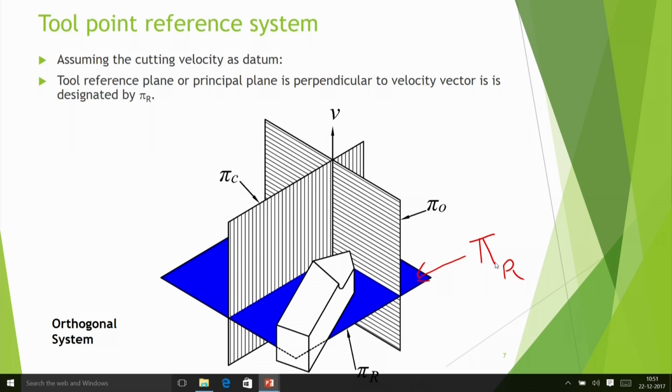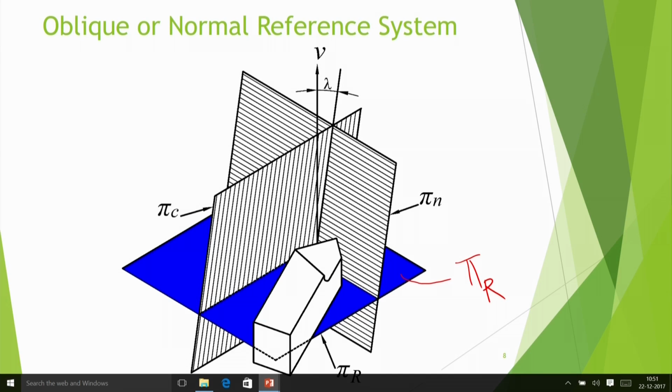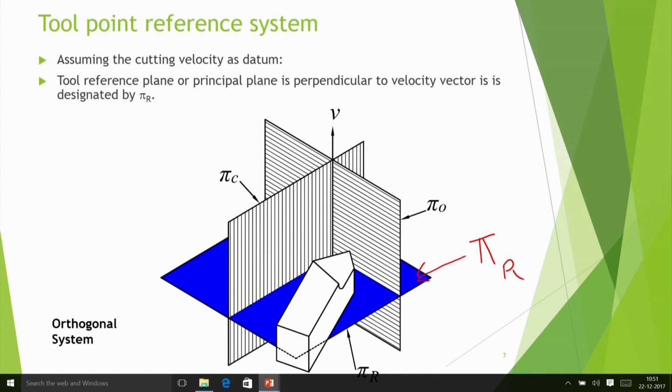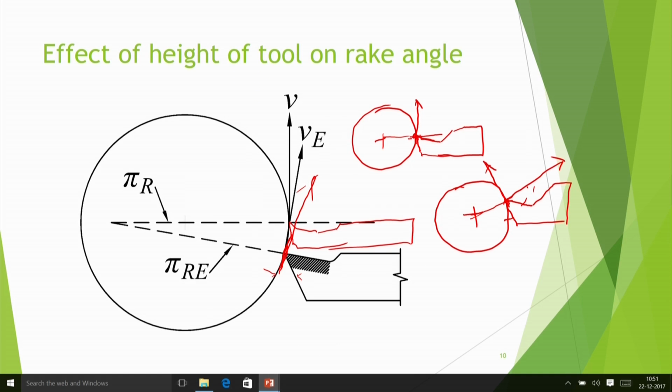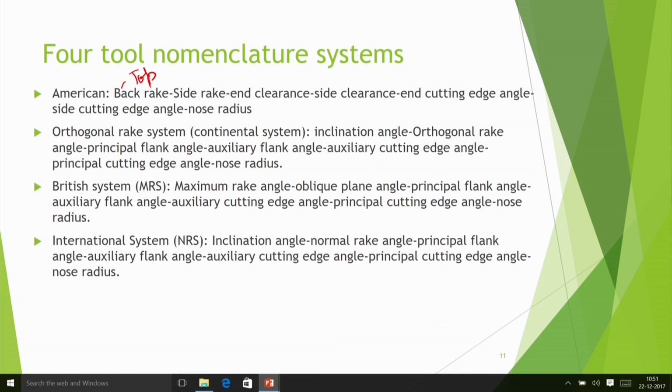We also told how we take the reference planes based on which we measure. So we told you oblique or normal reference system, and we also told orthogonal reference system. We told what is the effect of the height of the tool on the rake angle. Then we have told 4 type of tool nomenclature system.